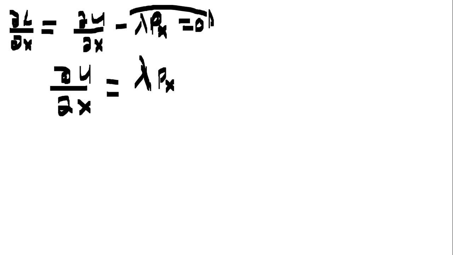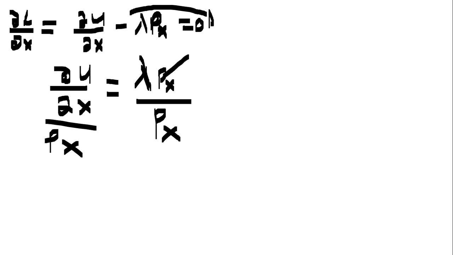The only way we can do this is by dividing by px. Remember, whenever you have an equal sign, whatever you do on the right should be done on the left, and whatever you do on the left should be done on the right. Since we've divided by px, on the left we should also divide by px, so that the px on top and the px at the bottom can cancel.